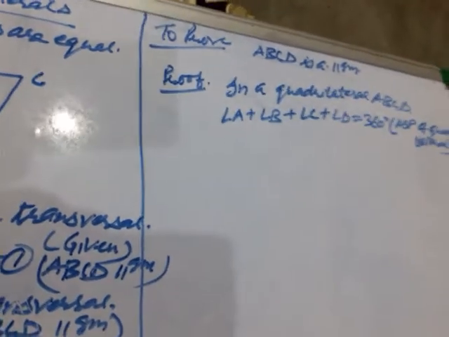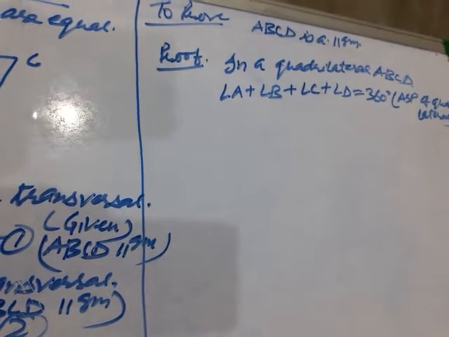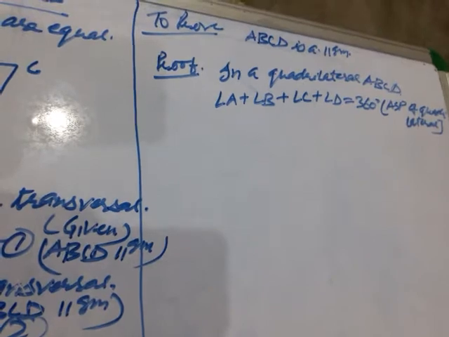That is known as the angle sum property of a quadrilateral, that the sum of all the four angles of a quadrilateral is 360 degrees.